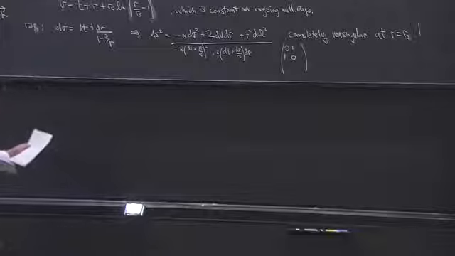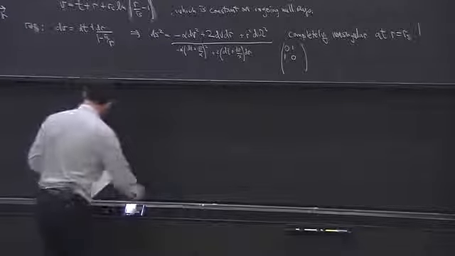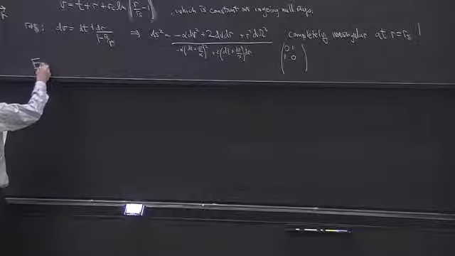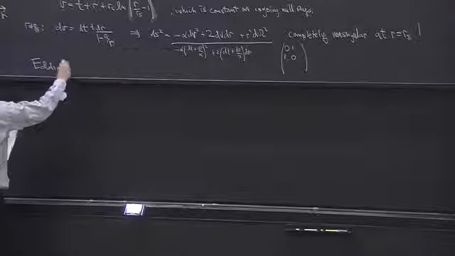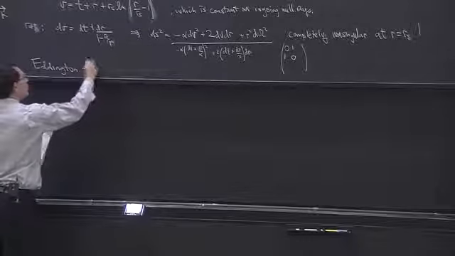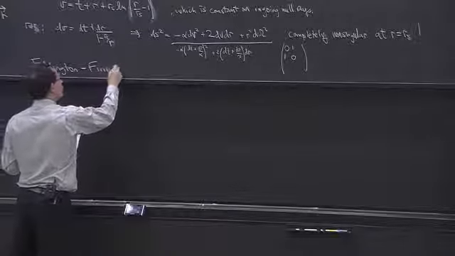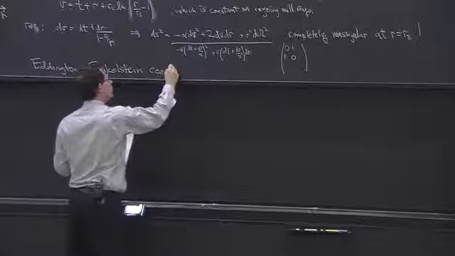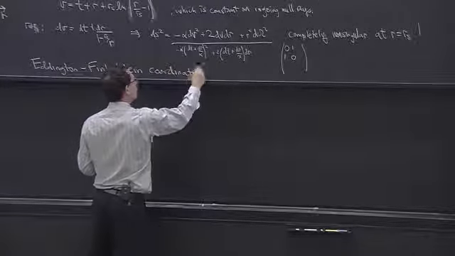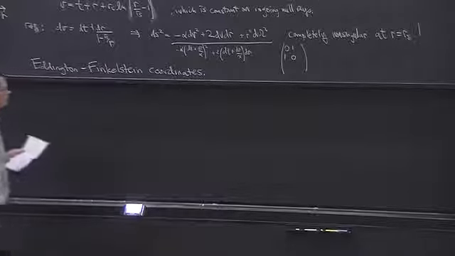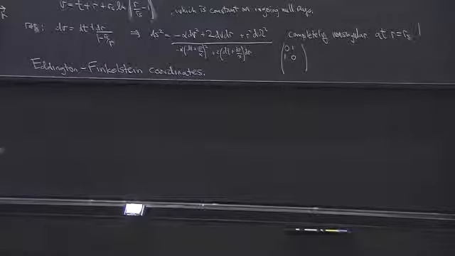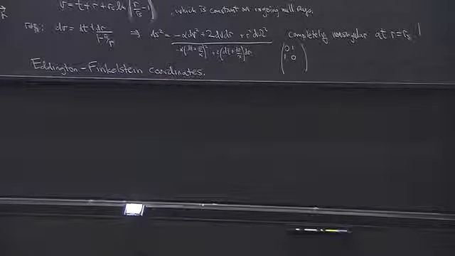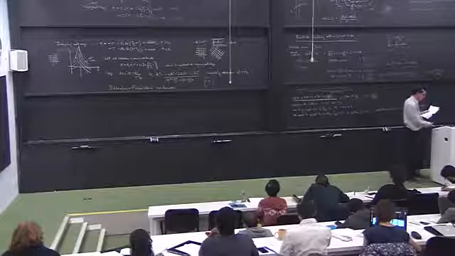So in fact, these coordinates are known as Eddington-Finkelstein coordinates. Actually, I have no idea why they're known as Eddington-Finkelstein, because Eddington was in the 20s, and Finkelstein was in the 50s, as far as I know.